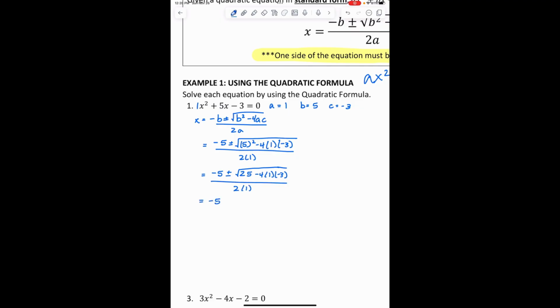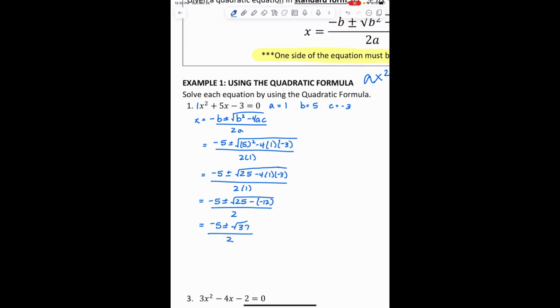Okay, so we have 25 minus 4 times 1 is 4, times negative 3 is negative 12, all over 2. 2 times 1, right? And then negative 5 plus or minus 25 minus negative 12. So it'd be 25 plus 12. So it'd be 37 over 2.